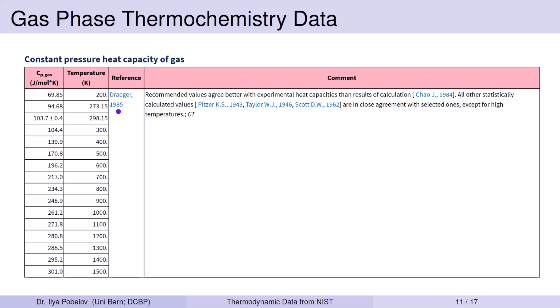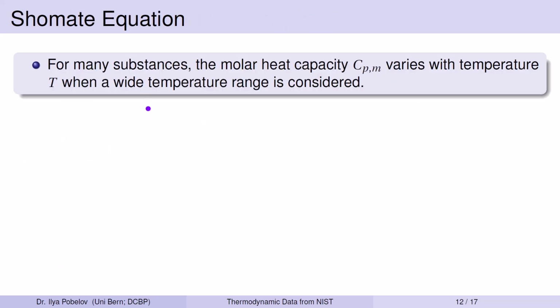There are also references on the same page below. They indicate the studies from which the data was obtained, ensuring that the data is traceable and reliable. As you can see, for many substances, the molar heat capacity varies with temperature when a wide temperature range is considered.